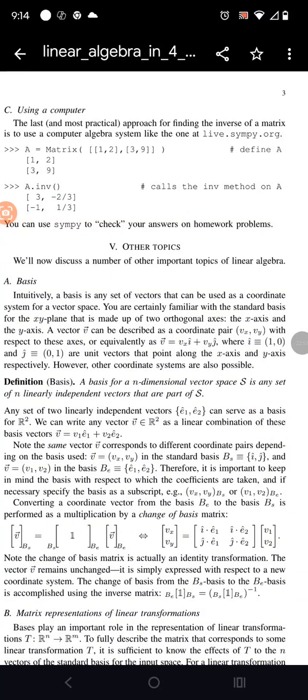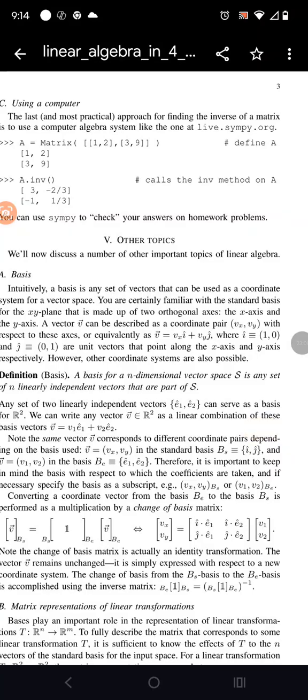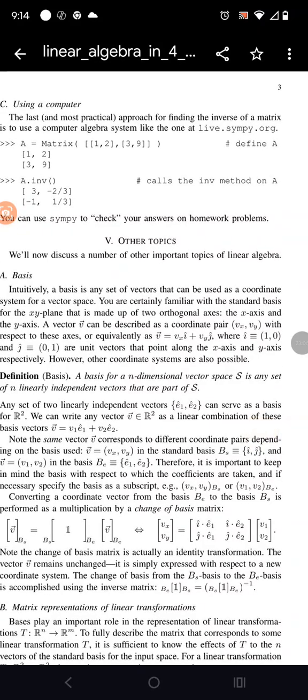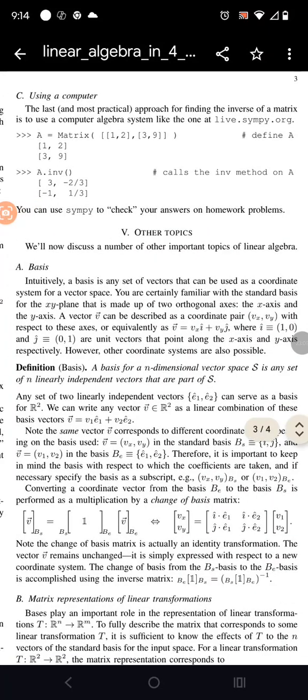Converting a coordinate vector from the basis B to the basis B' is performed as a multiplication by a change of basis matrix. So the change of basis matrix changes from basis B to basis B'.